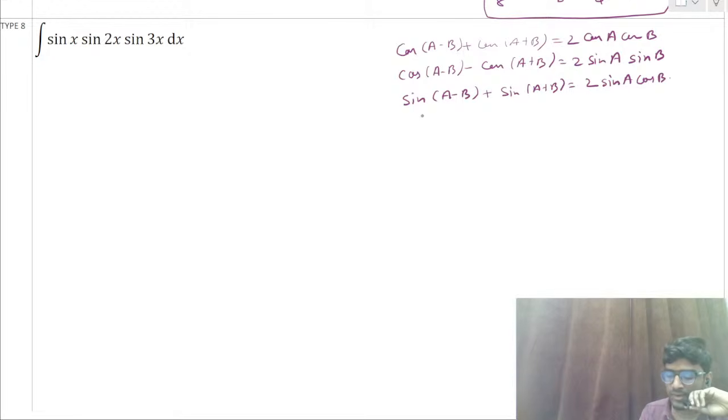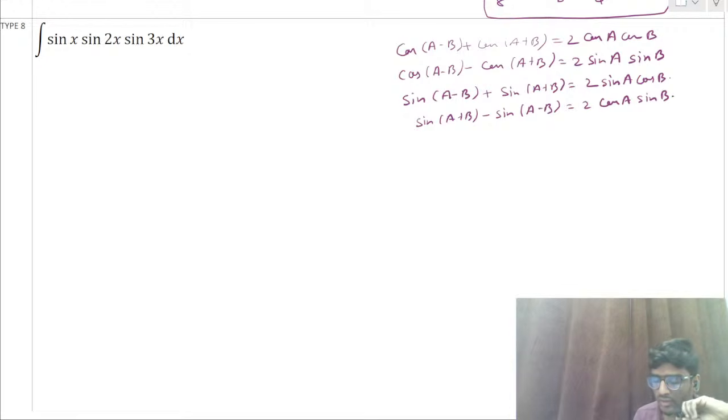The same way, if we place a minus sign, meaning if we have sine of a plus b minus sine of a minus b, what will we get? We get 2 cos a sin b.